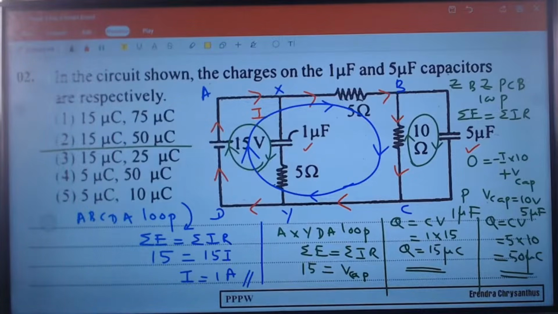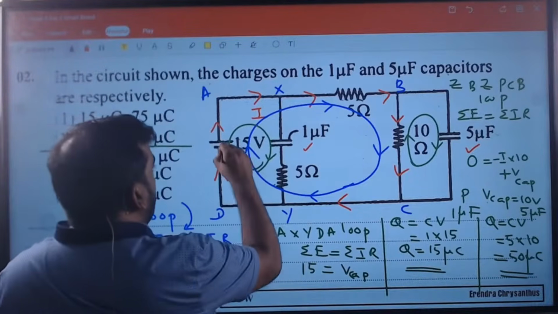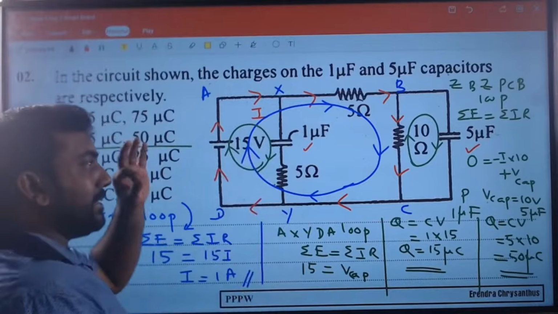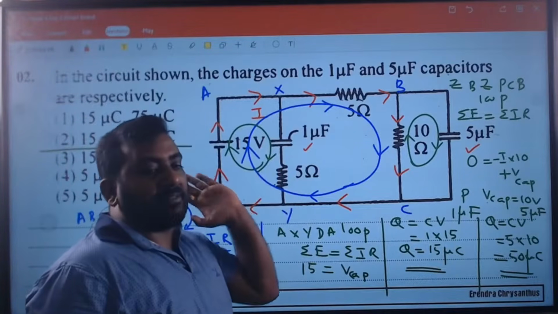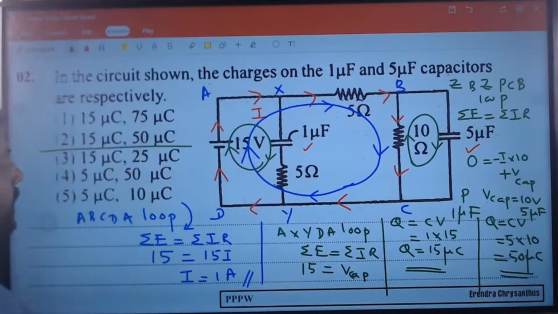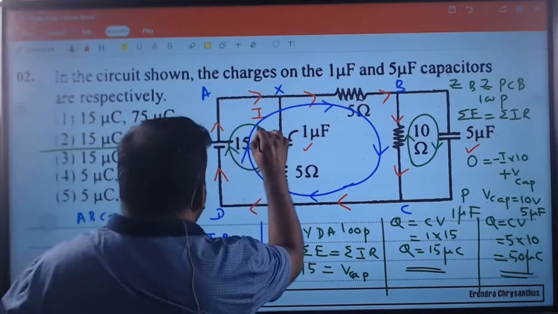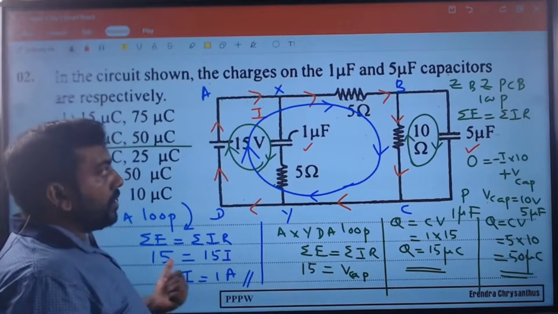You can see what we have done. We applied Kirchhoff's law for the bigger loop and we applied Kirchhoff's law for the small loop. The secret is that across the capacitor we can apply it only at steady state. At steady state no current will pass through. If you apply Kirchhoff's law here, we can find the total current.